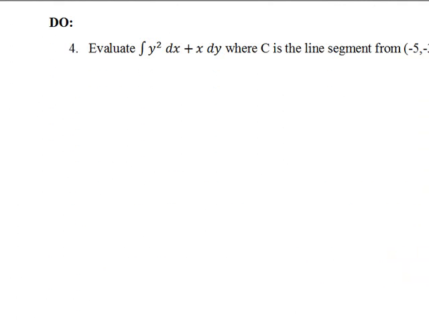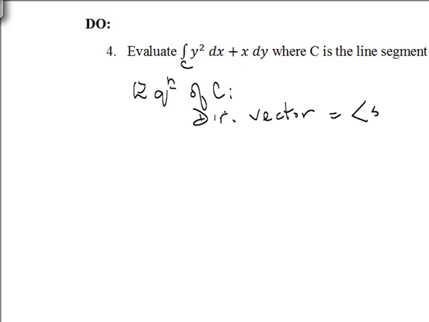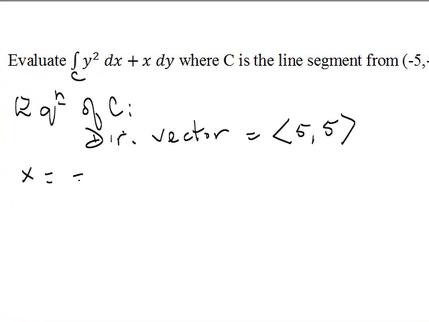Go over that. We need the C below that integral. Equation of C. What's the direction vector? Can somebody give me that, please? (5, 5). Can somebody give me the equations of the line? And y?